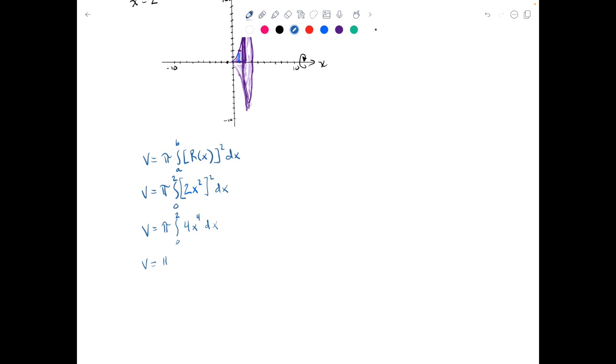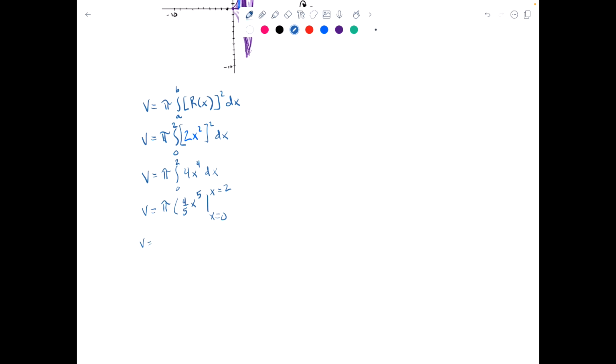Integrating, we will have pi times 4/5 x to the 5th from x is 0 to x is 2. So we'll have pi, and then actually we can do that as 4/5 pi. Can bring out that 4/5, and then we'll have 2 to the 5th minus, it'll just be 0.